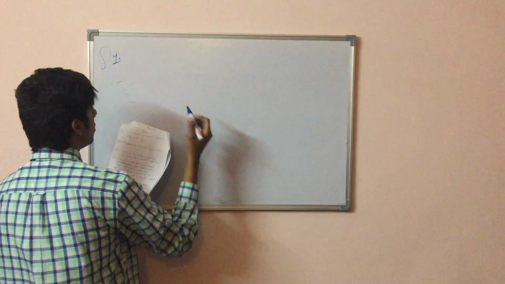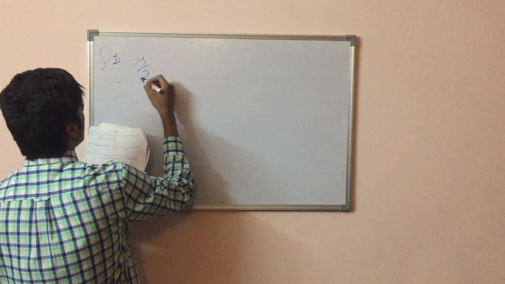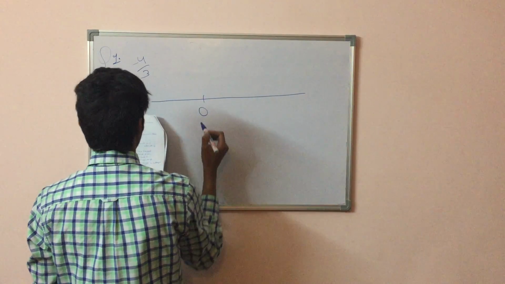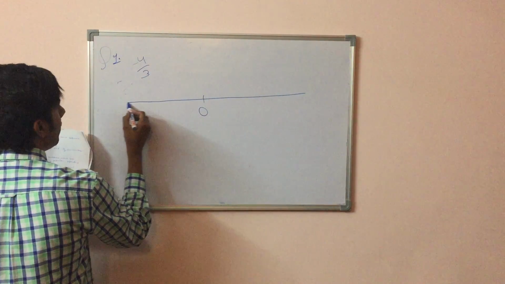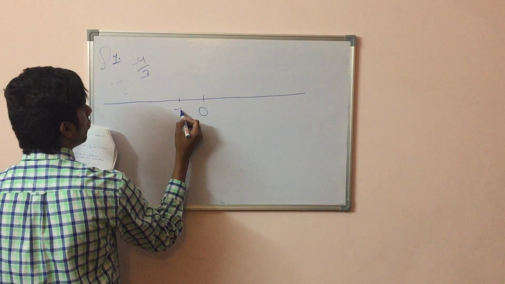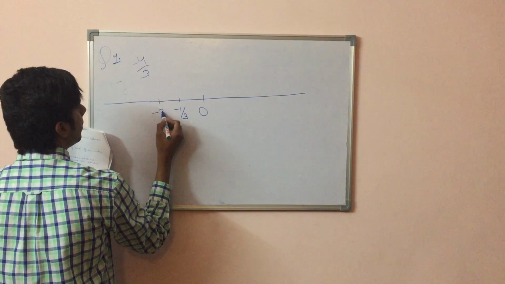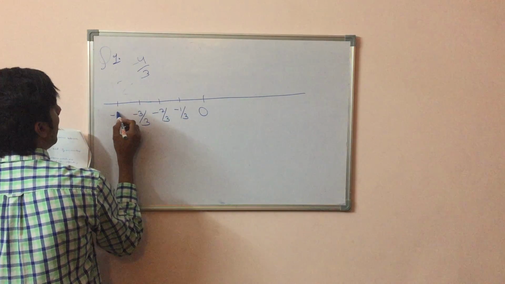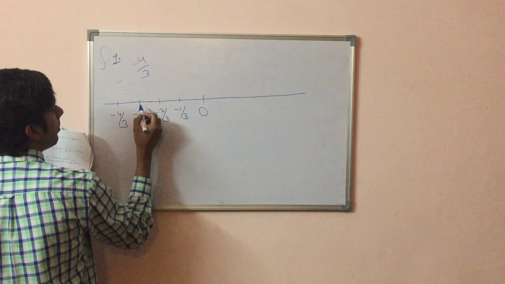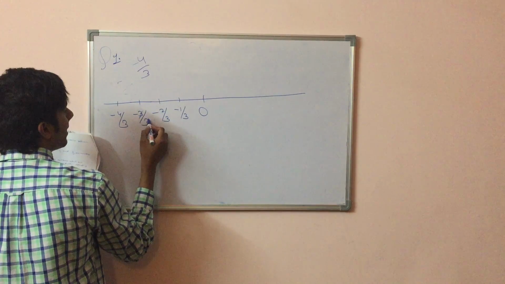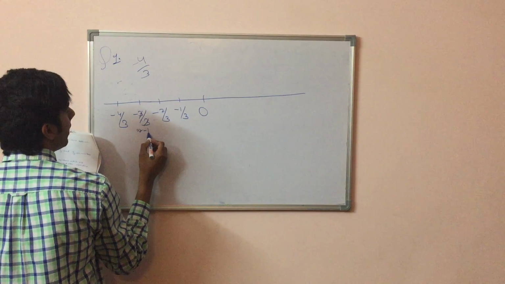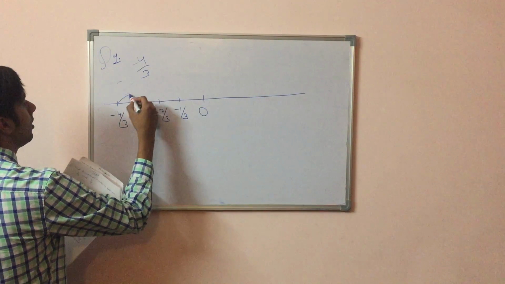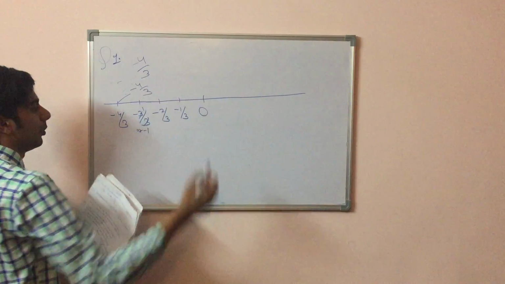If you have to draw minus 4 by 3, from 0, on negative side you can go minus 1 by 3, minus 2 by 3, minus 3 by 3, minus 4 by 3. And minus 3 by 3 is what? You can cancel it out, or you can write it as minus 1 also. Right? So this is our minus 4 by 3.